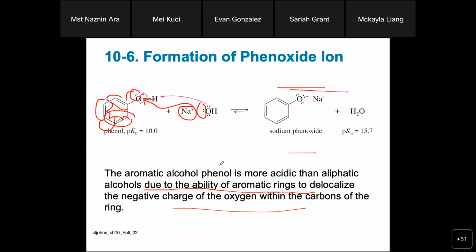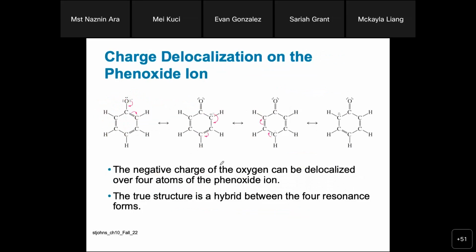So this is the reason the acidity of aromatic alcohol is higher than aliphatic alcohol. If you look here, see how the lone pair, I mean the negative charge, is transferring its location. It was on the oxygen here, but look here, it's coming from here to here, attacking.